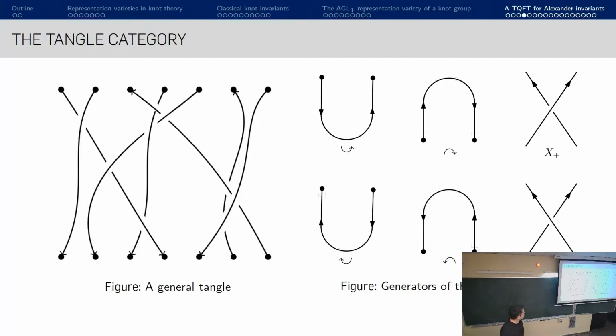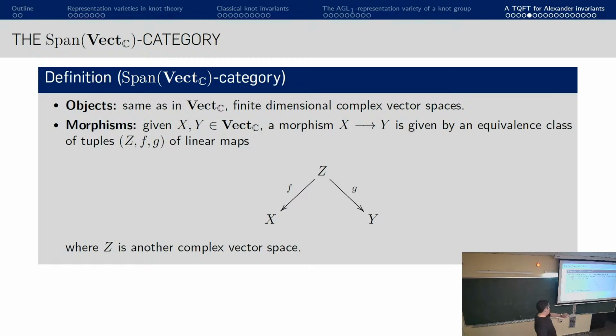set of relations. And then the span category of vector spaces, it's a funny category. The objects are finite dimensional complex vector spaces, same thing as in the vector space category. And then a morphism between X and Y is given by a third vector space sitting on top, they're like roofs, and two linear maps, F and G, from Z to X and Y, okay?